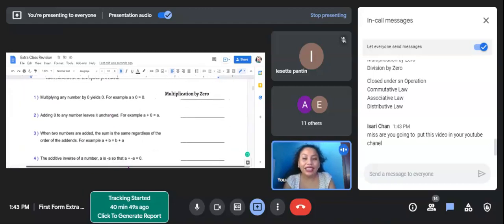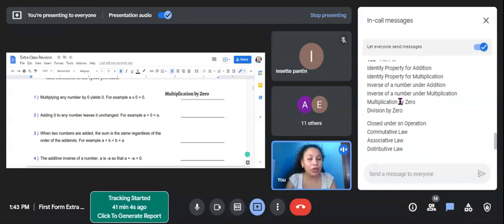Okay. So number 2 says adding 0 to any number leaves it unchanged. For example, a plus 0 is a. What would be that one? Yes, I will be uploading and then I will be sending the video to you guys. So when we add a number to 0 and we get back that same number, what do we say that was?